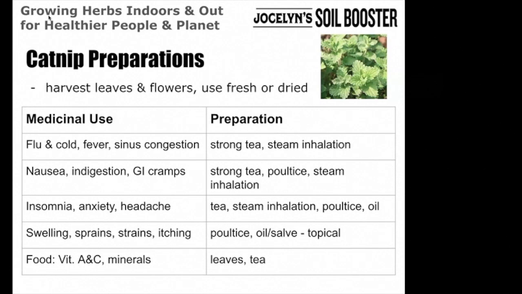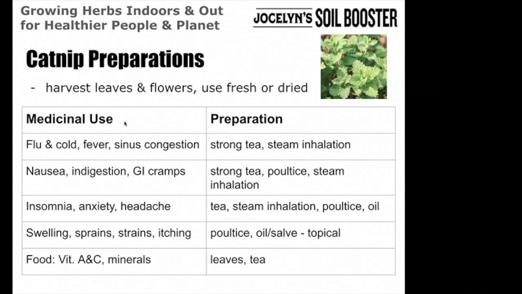And anxiety, it's been shown to have calming, relaxing effects. So for insomnia, anxiety, and headaches, again, you can do tea, steam inhalation, or poultice, so directly onto your forehead or where you feel pain, or you can have an infused oil, which I can talk about on the next slide.